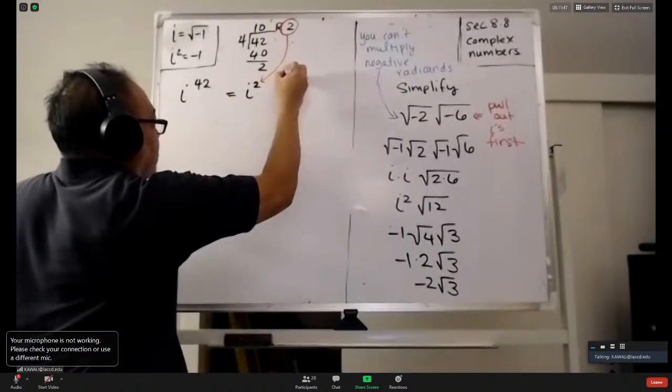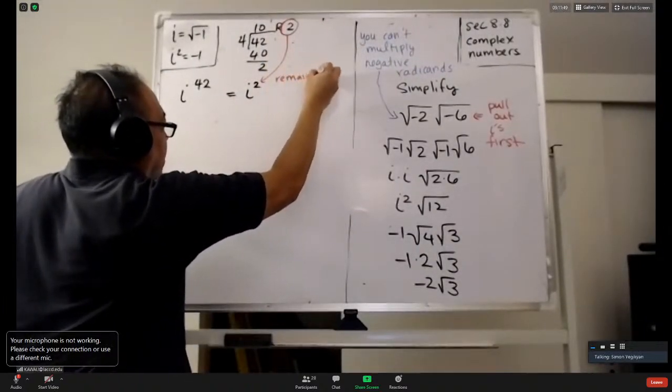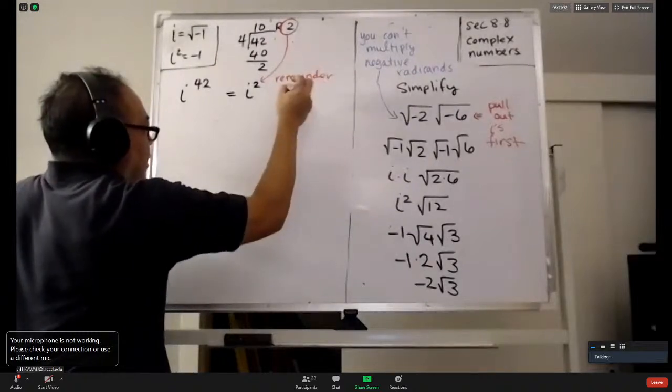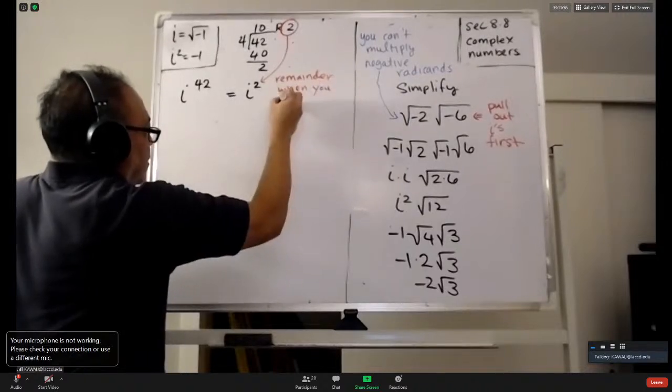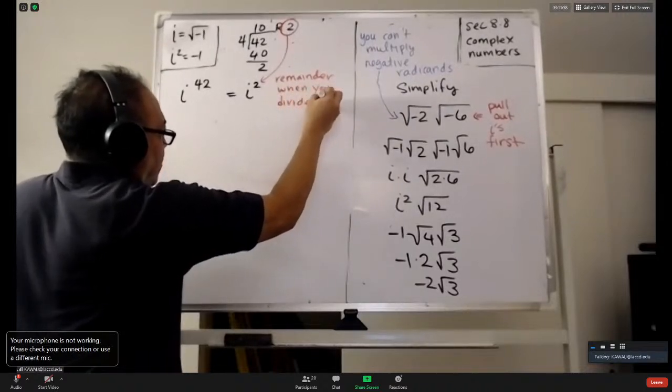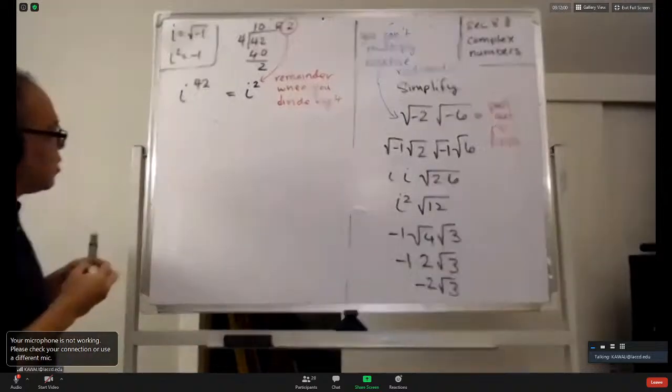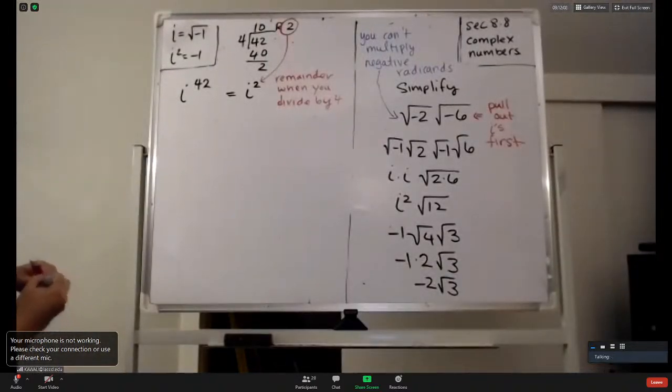Professor? Yep. Why did you divide by 4? Okay, I'll show you why in a second. Remainder when you divide by 4. I mean, you're asking the smart question. Okay.